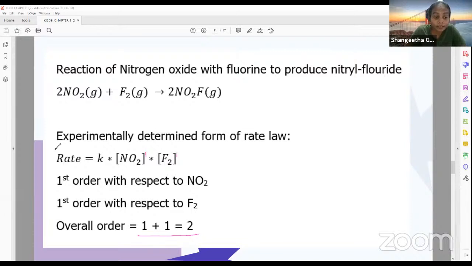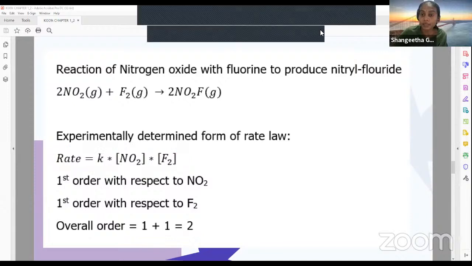The rate law expression for this reaction is rate equals k, your rate constant, times the concentration of NO2 to the power of 1 times the concentration of F2 to the power of 1. So that is how you write the rate law expression.